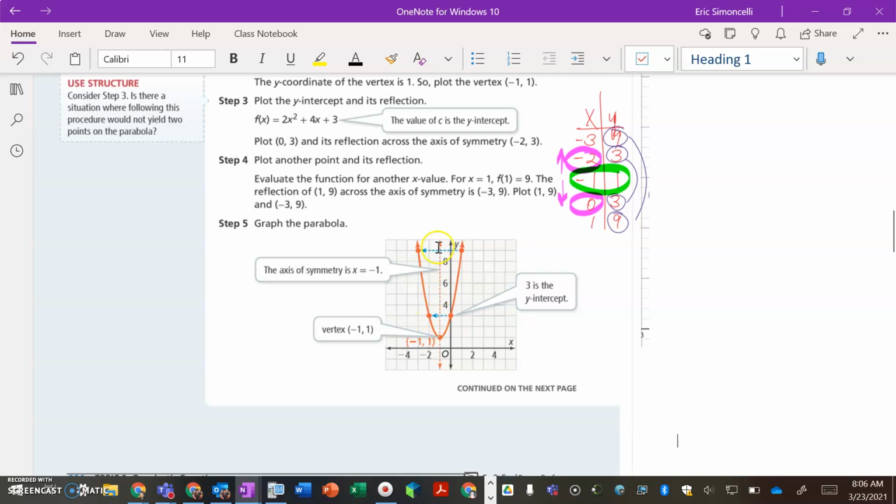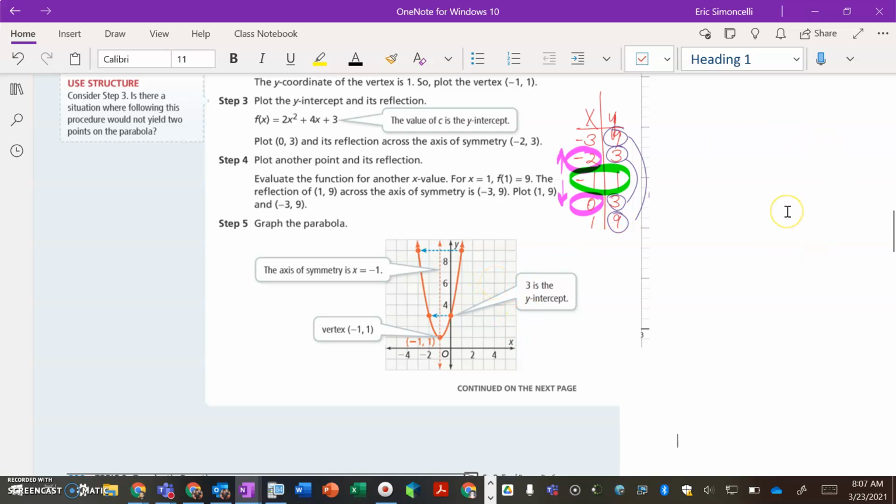The distance between the axis of symmetry and the point to the left is 1 unit, and the point on the right of that line is also 1. So 1 unit left, 1 unit right, 2 units left, 2 units right. So you can see that take shape, and of course the parabola nicely takes shape from there.